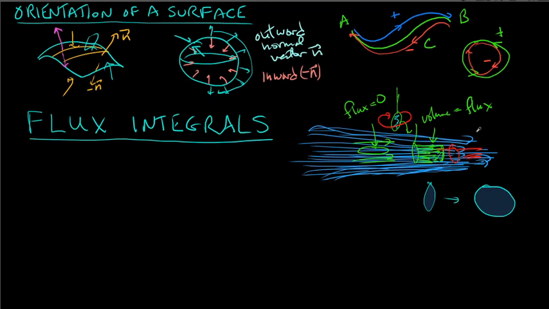So it depends on the orientation. If the normal vector is pointing this way and the water is also flowing this way, then it's a positive flux. But by turning the loop around, you switch the orientation. Now the normal vector points this way, and if the water is still flowing this way, you get a negative flux. So flux can be positive, negative, or 0.